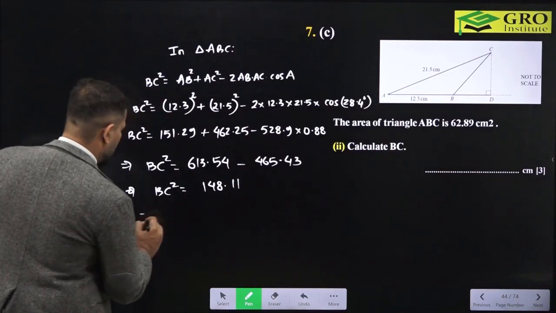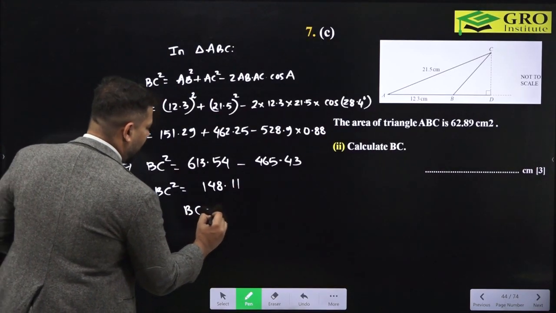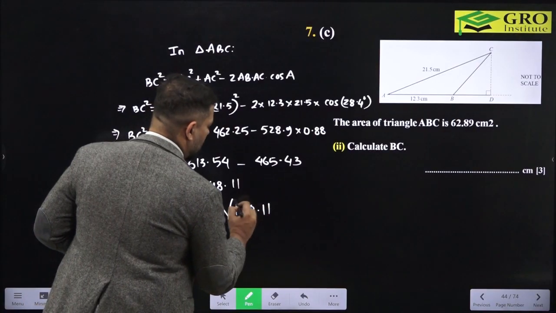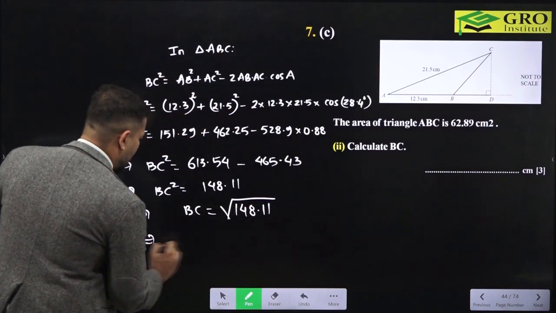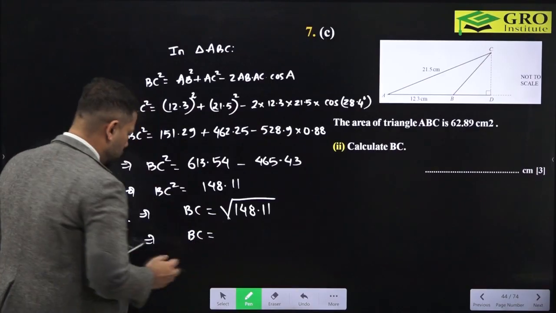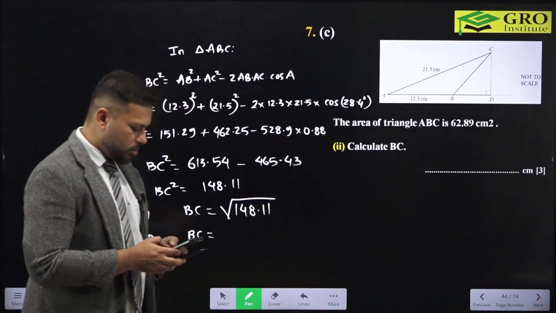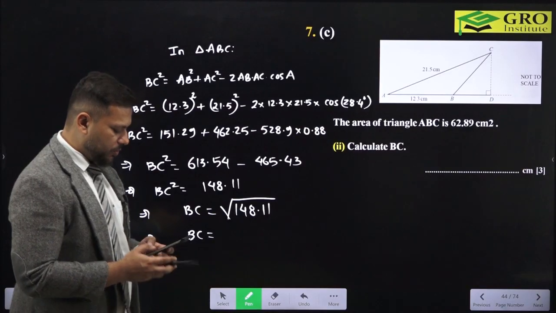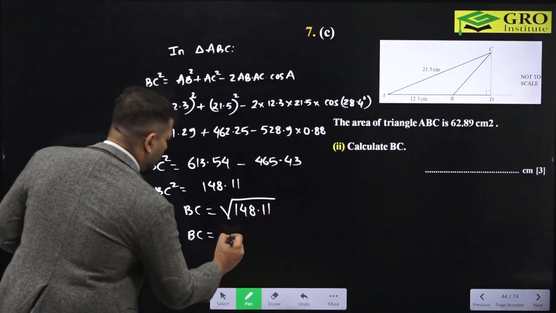So to get the value of BC, we will find out the square root of 148.11. Let us quickly find out the square root of this. So square root of 148.11 is 12.17.